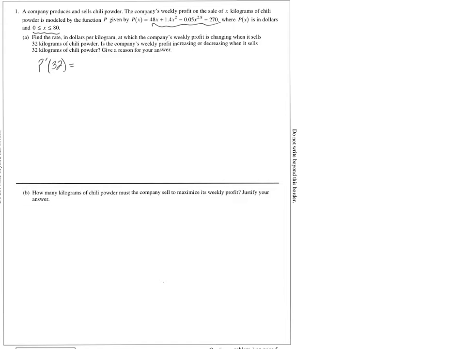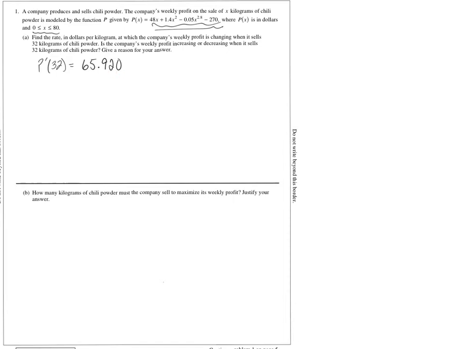Actually, I don't think I'm going to graph it, because I don't think we're going to need to do anything else with this. So I'm just going to do it using math 8. Okay, so I ran that through the calculator using math 8 and got an answer of 65.92.